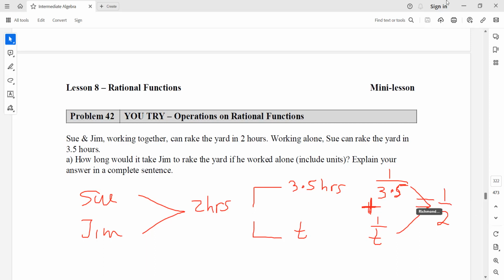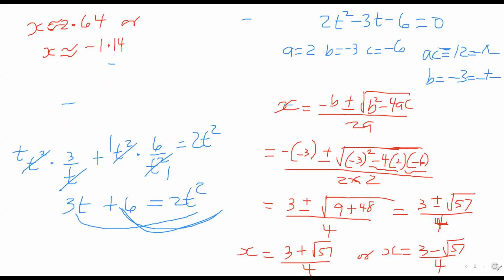So this allows me to set up an equation. I'm going to go to the whiteboard. It allows me to set up an equation like this: 1 over 3.5 plus 1 over T equals 1 over 2. Now, remember that the numbers at the top are all the same, and at the bottom is the information I was given.